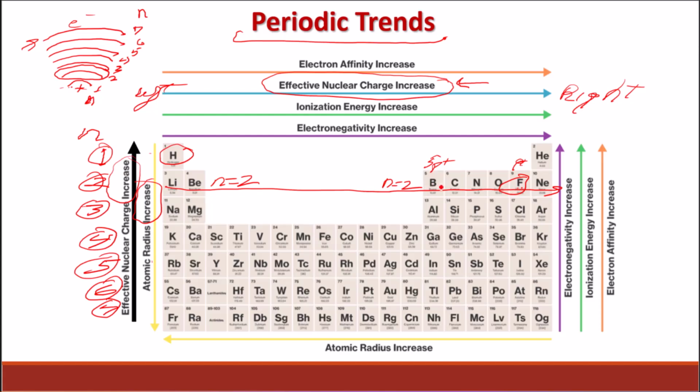And all the other electrons are in the same valence shell as boron, carbon, nitrogen, oxygen, fluorine. They're all at n equals 2, and it's a p subshell.